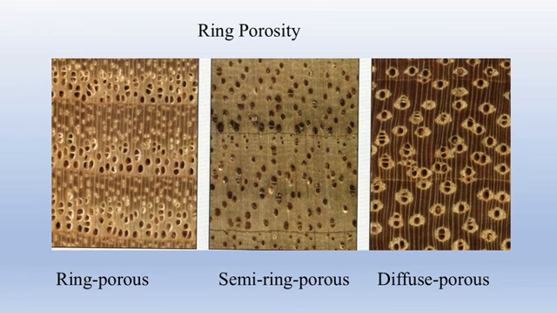In the center picture, similar ring porous. You can see the early wood pores, they're stretched out, and then there's a smaller ring or area of small pores. And then diffuse porous, where they're pretty well consistent all the way through.